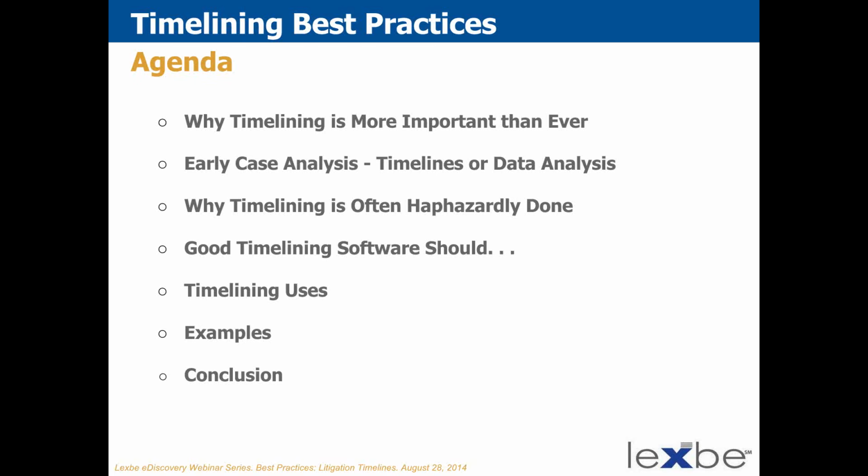Why is timelining more important than ever? Well, one of the reasons is that there's more data than ever. This graphic shows how the amount and type of data just gets larger and larger and larger. And that does not appear to be stopping anytime soon in our lifetimes. The more there is to go through, this is generally all discoverable.